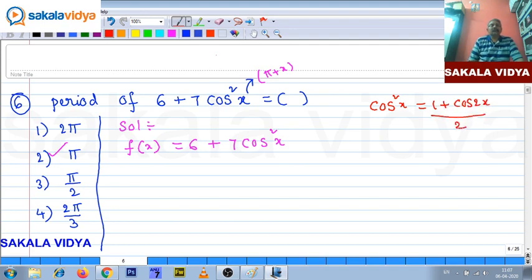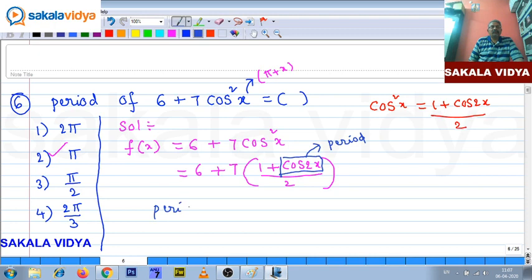So now we get 6 plus 7 times 1 plus cos 2x by 2. You need not simplify, just concentrate on the trigonometric function in this one. We need to write the period of this cos 2x only. So what is the period now? Period is equal to 2 pi by mod a, which means 2 pi by 2 here. So pi, second option.